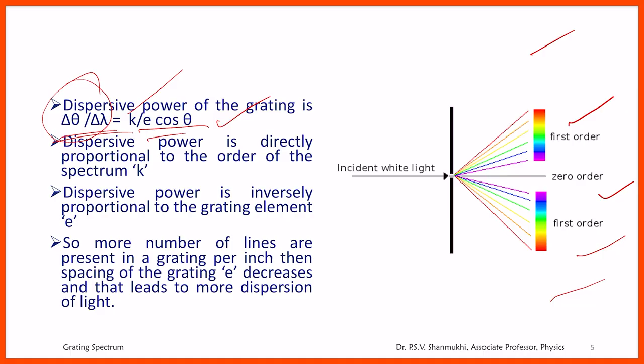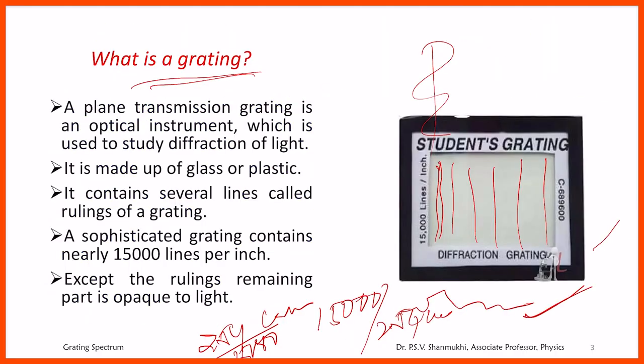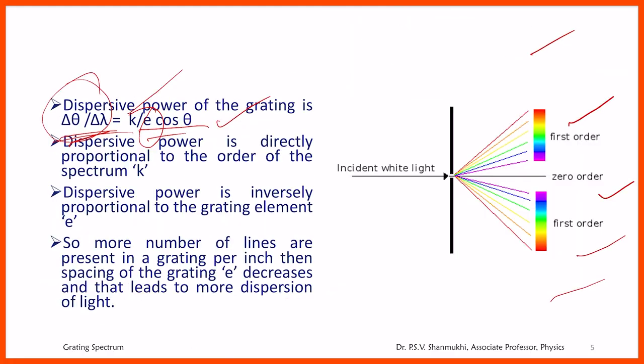And there is another interesting feature here. Delta theta by delta lambda is inversely proportional to e. What is that e? e is called the separation of the slits. You observe in this case, this is the grating element or separation. As the separation is increasing, what happens? The dispersive power decreases. As e is increasing, dispersive power decreases. So e should be small.